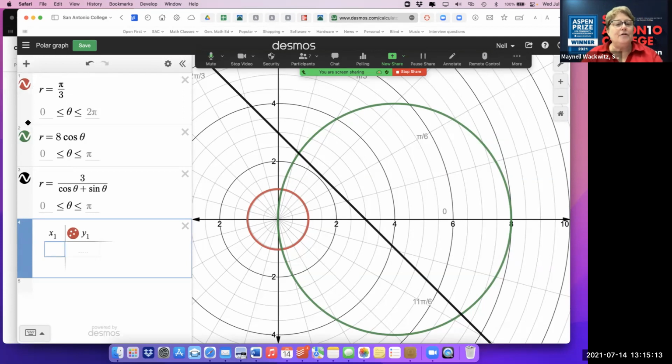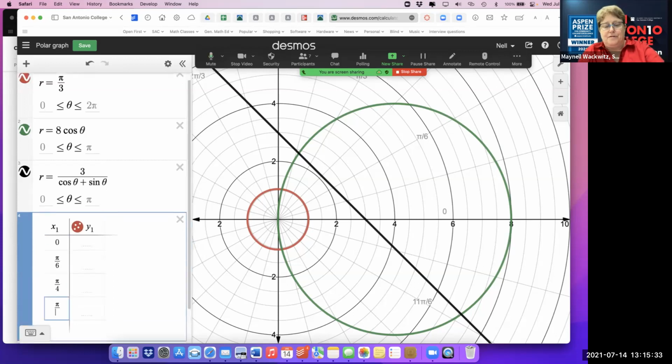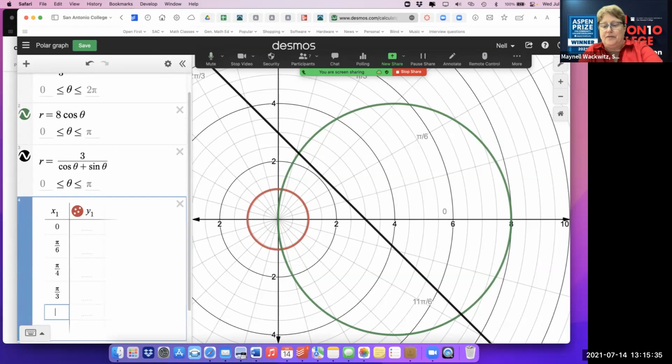Because the only way I've known to use the table is backward, putting stuff in and then getting a function out. So how about 0, pi over 6, pi over 4, pi over 3, pi over 2. How about that?